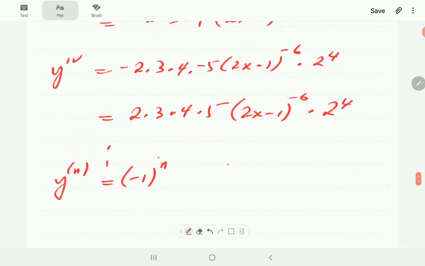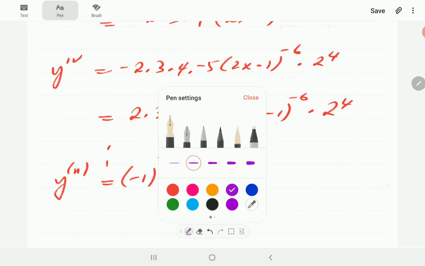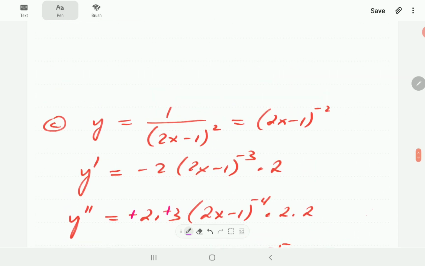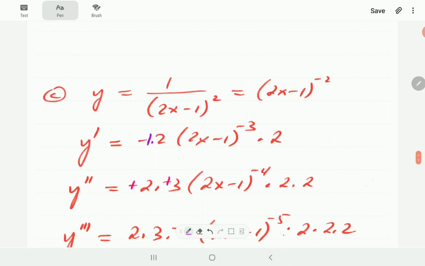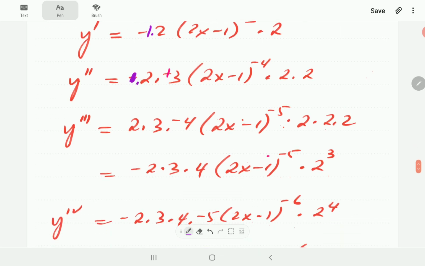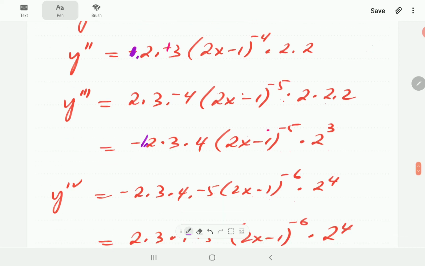And then in terms of the numbers, just look at the numbers without the signs. For the fourth order derivative, this is 5 factorial. Notice that even though the 1 is not there, since multiplying by 1 does not alter anything, this is the same as 1 times 2, this is the same as 1 times 2 times 3, and this is the same as 1 times 2 times 3 times 4.